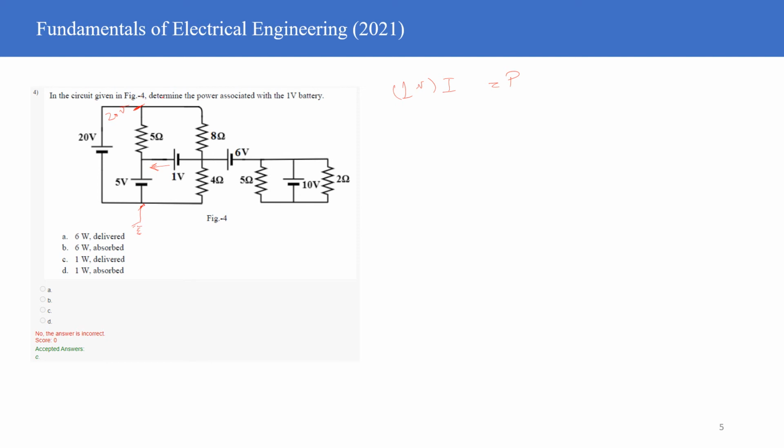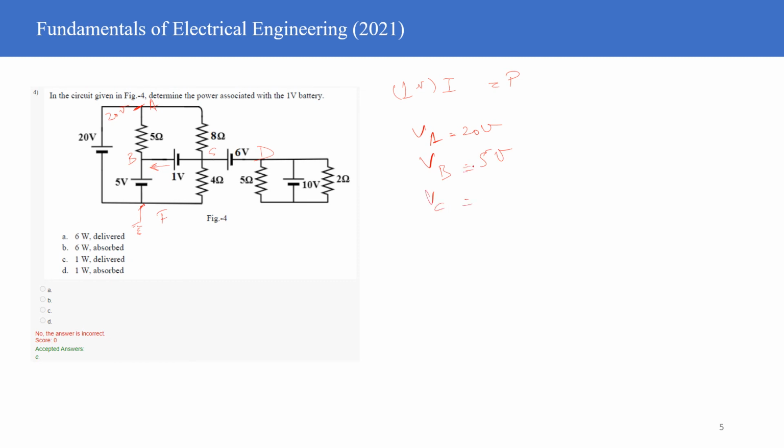Let me call it A, this B, this C, and this D. And this is F anyway. F I have grounded. So VA is equal to 20 volt. How about VB? VB is equal to 5 volt, right? What is VC?